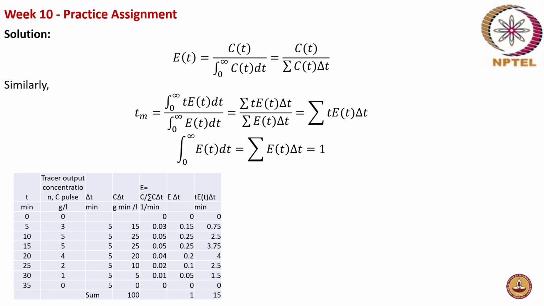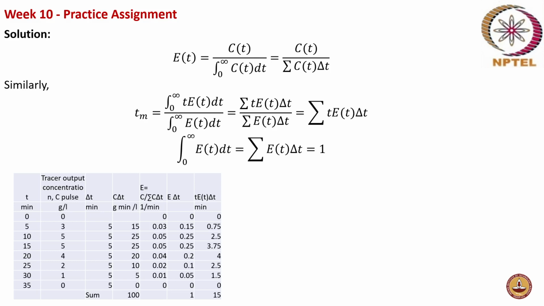Now we can find what is C into delta t for each case. For the first case it is 5 into 3, that is 15. We have to mention the unit also. C delta t is in gram minute per liter, because C is in gram per liter and time is in minutes.